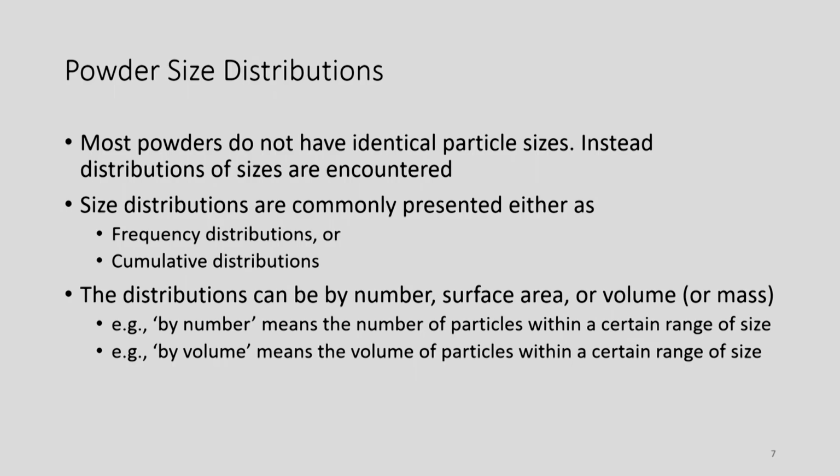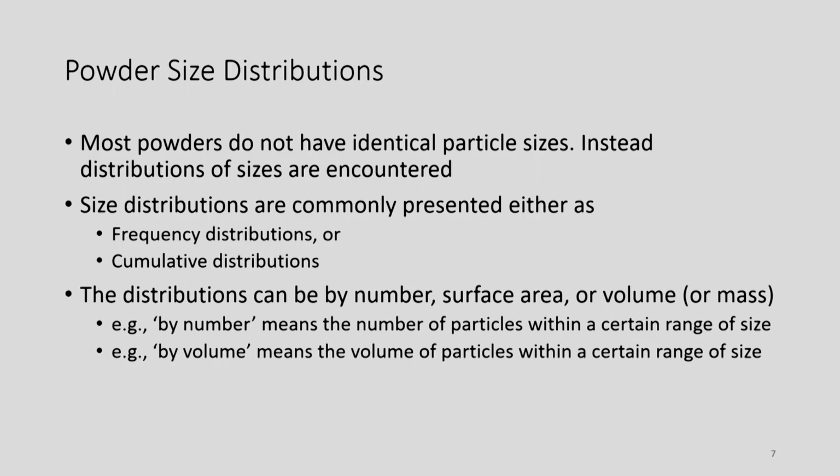Same particle size distribution, but you can plot them as either frequency or cumulative. We briefly talked about this, right? If you are using microscopy, it will be a number based distribution. If you are using light or laser diffraction, then it will be a volume based distribution. And then again, surface area or by mass if you are using the sieving method, right?